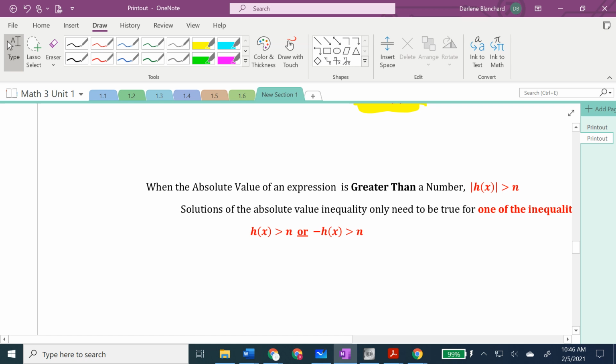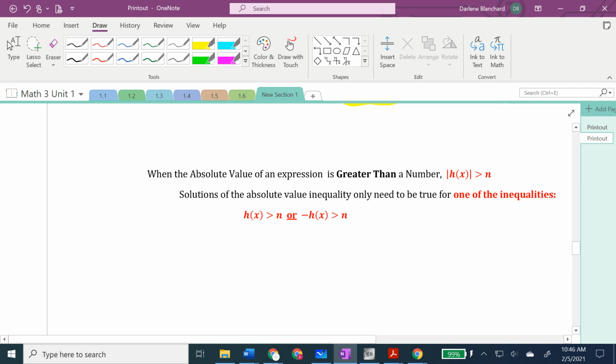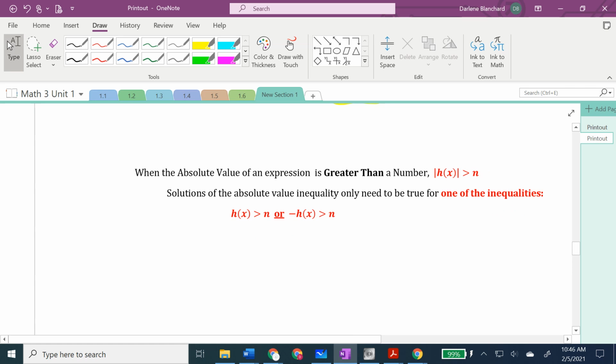Now, I want to say that I know how you are usually taught to work with the greater than issue. I want to, though, emphasize that you are usually told the next step in the process.